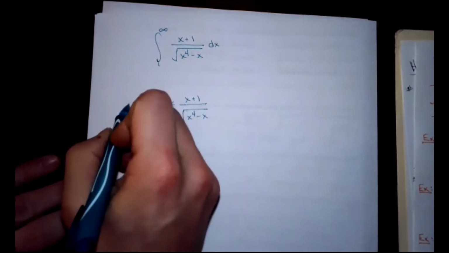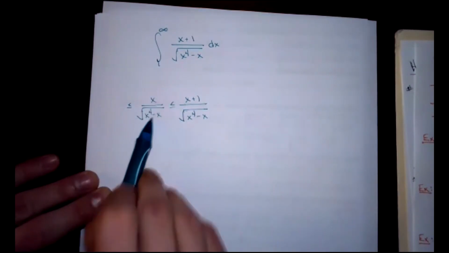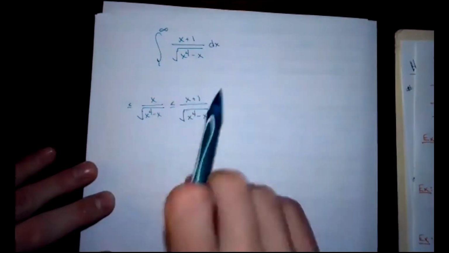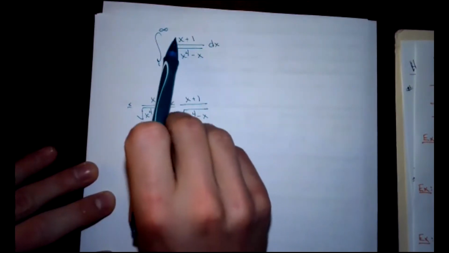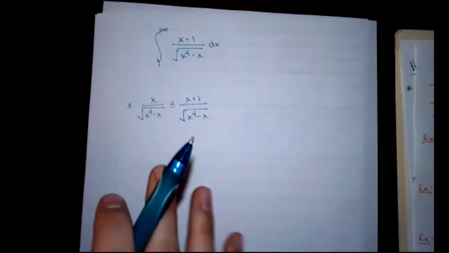Then if we want to just ignore this minus x, and this is your common thought process, when you've got these polynomial functions, you really want to keep the highest powers and try to see if you can get rid of everything else.